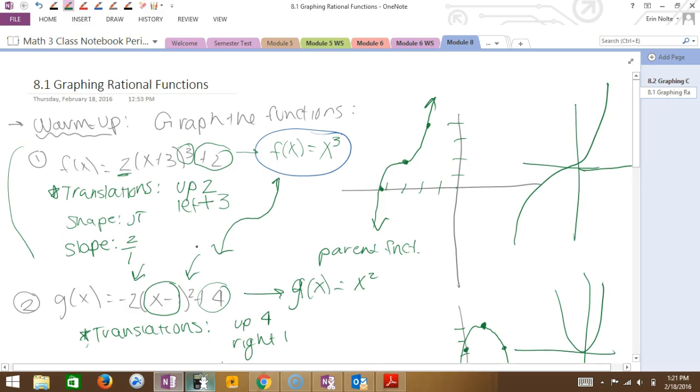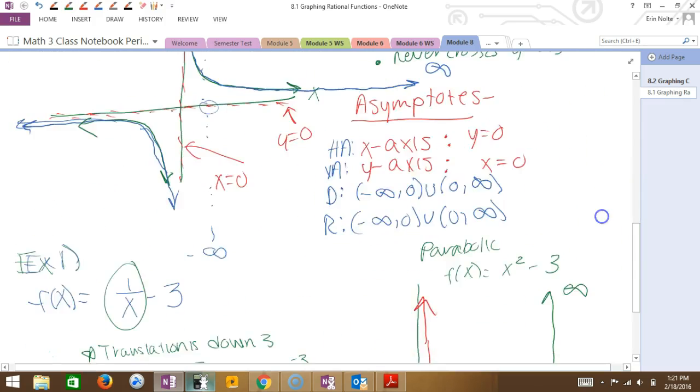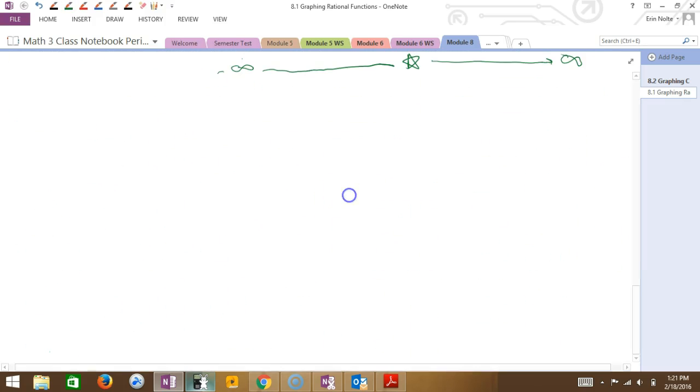Left 3, right? Left 3. And we knew that because inside of our function we had a +3. Okay? So inside we had a +3, so we knew we went left 3. So this will be our second example.